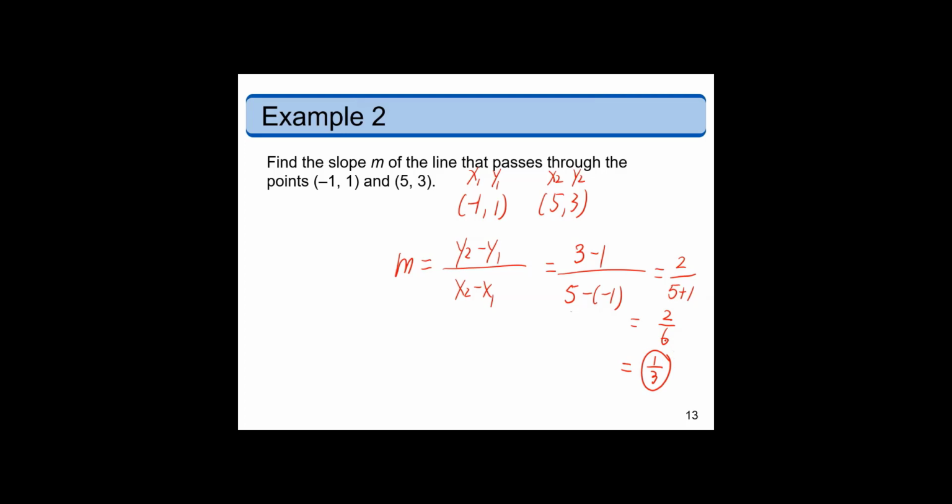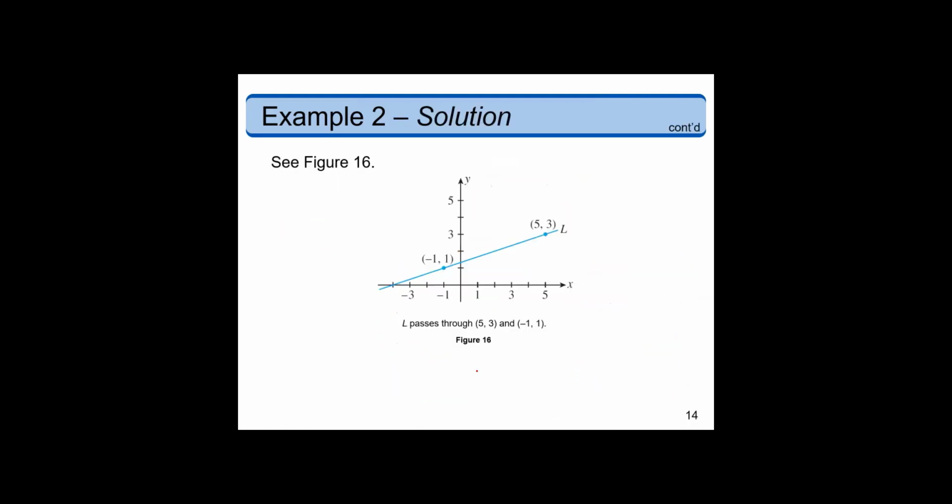So the slope is 1/3. This is positive. That means it's an increasing line. Okay, now we can quickly confirm this, right? That's plotting (-1, 1), and then plotting (5, 3). Connect them, and you get a line increasing from left to right. Going from (-1, 1) to (5, 3), you have to go to the right 6 units. From -1 to 5, that's 6 units.